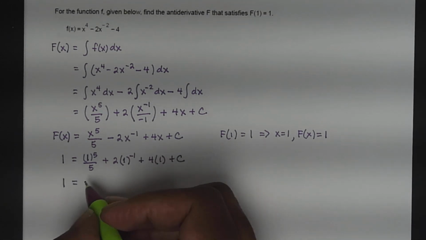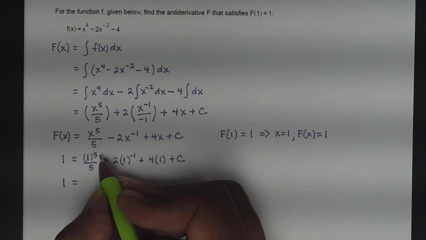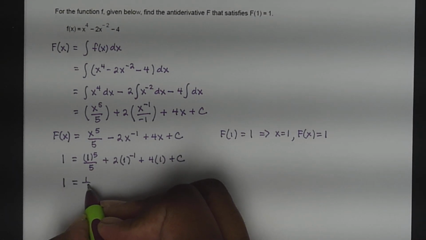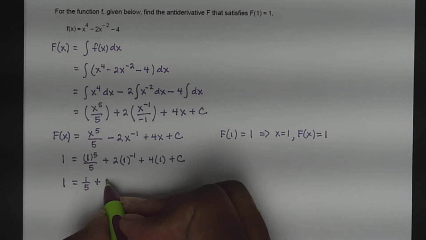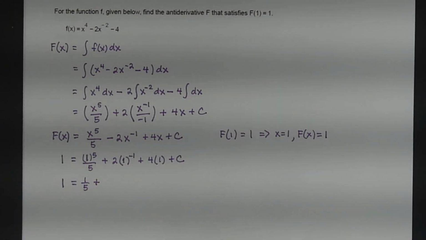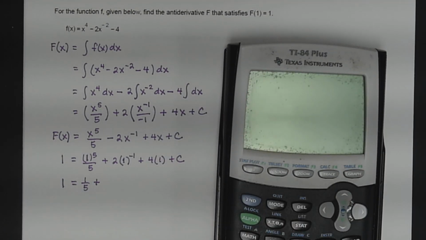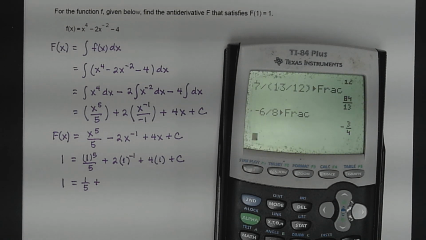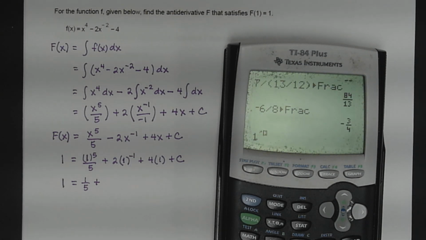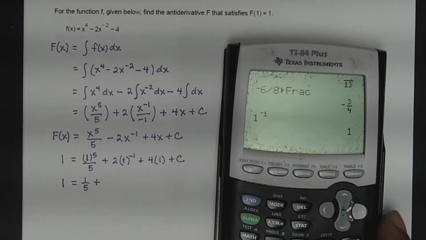So I have 1 is equal to, well, 1 to the 5th is 1, so I have 1 over 5 plus. Now, if you did 1 to the negative 1 in the calculator, 1 hat key negative 1, you're going to end up getting 1.